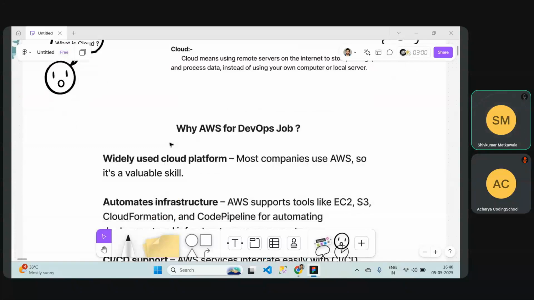Now let's understand why AWS for DevOps. This is our first demo, and some of you have a little idea about AWS and DevOps, but for those who don't know even what AWS and what DevOps is, these terminologies are completely alien.